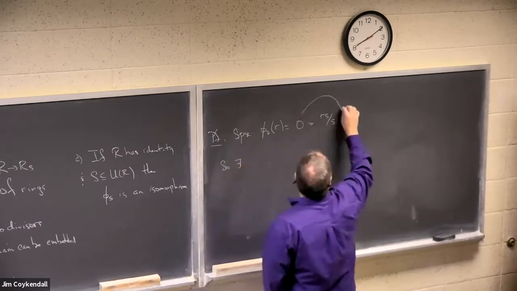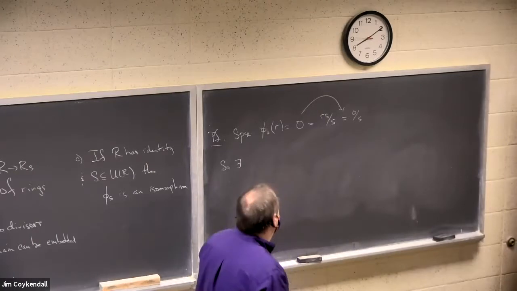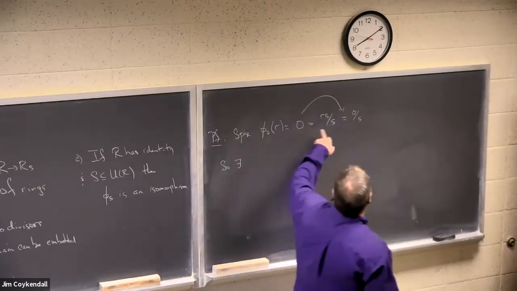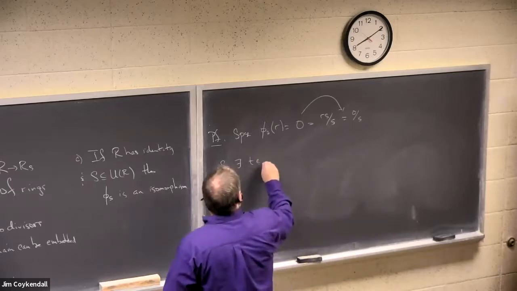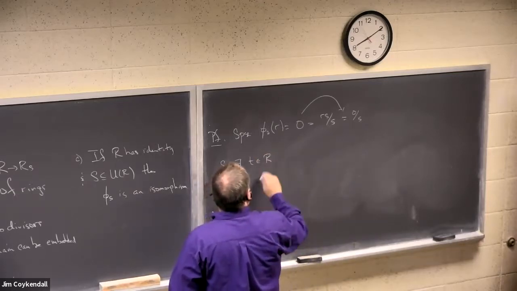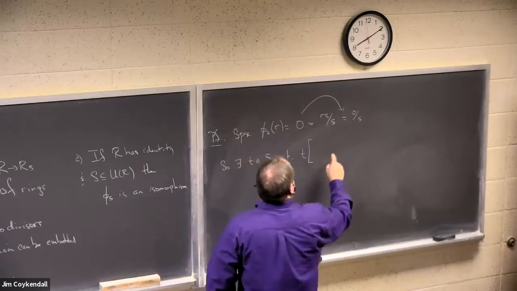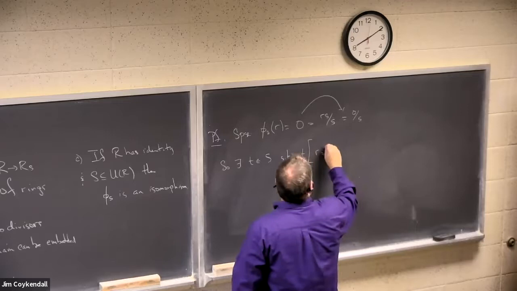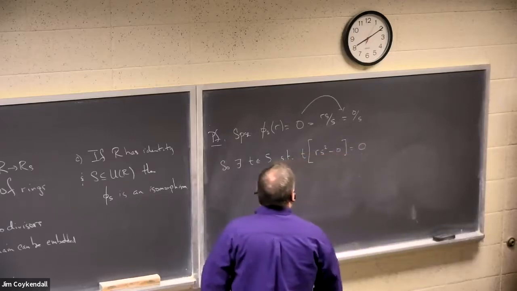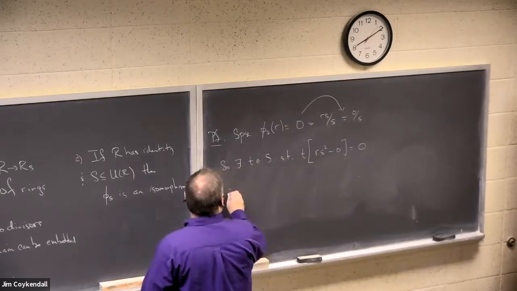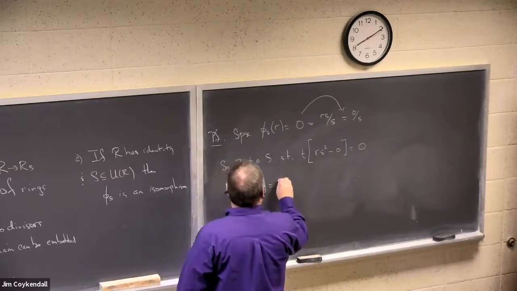And let me write this one as 0 over S. Right, because I need a fraction, and I know that everything can be written over a particular S. So there exists T in S such that T times, by cross multiplication, R S squared minus 0 is 0. Therefore, T times R S squared is 0.